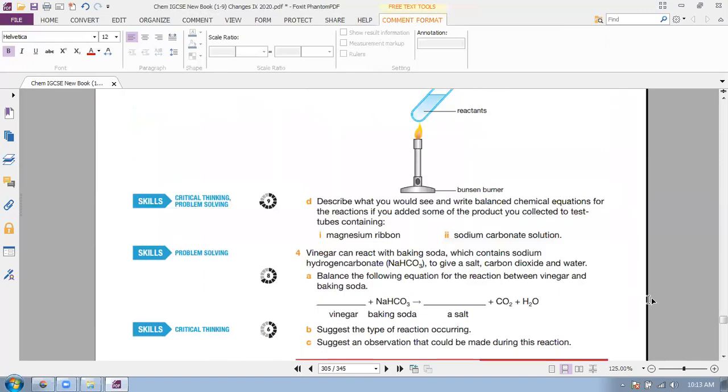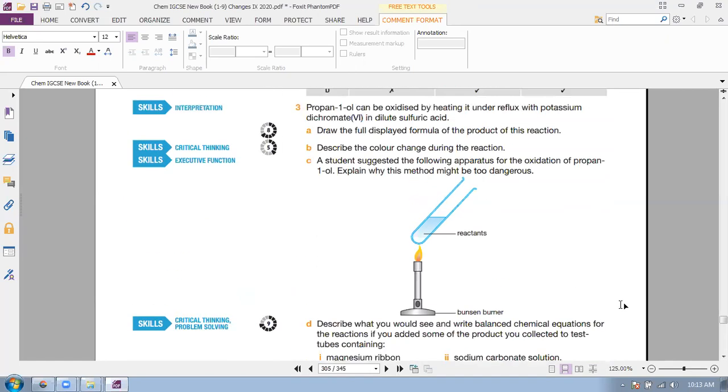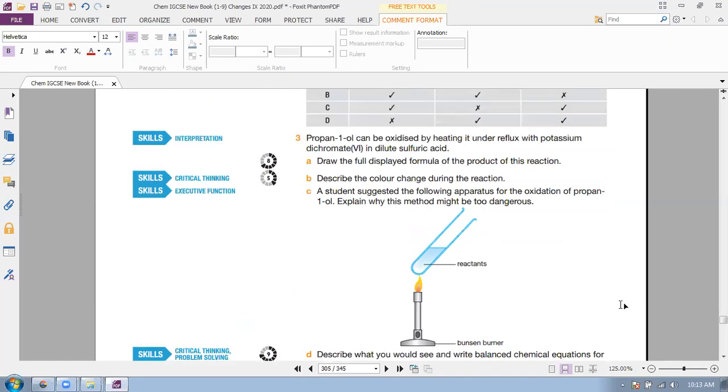And there are some simple questions given here. Look at the reactions. You can solve them by yourself easily, no problem. This is heat under reflux apparatus. Propan-1-ol would become propanoic acid.